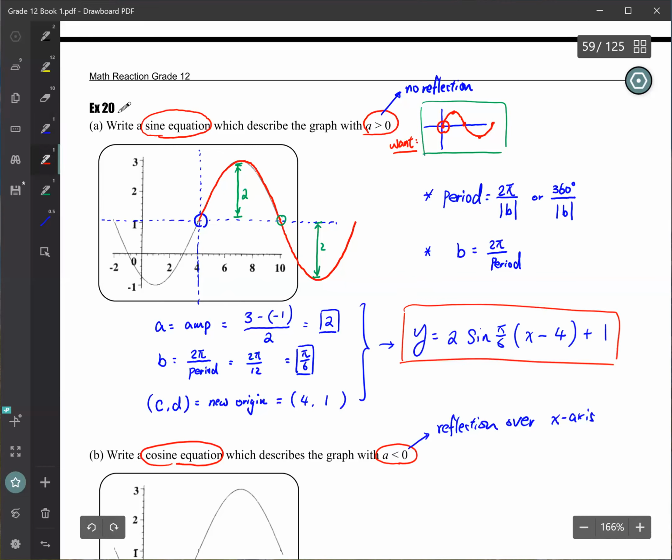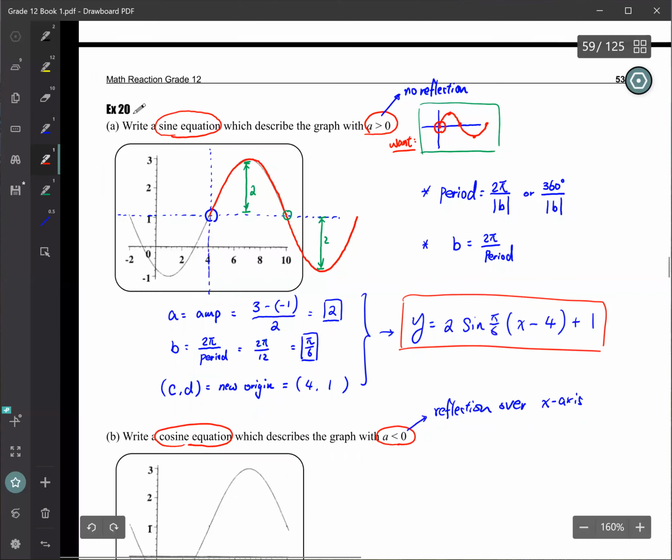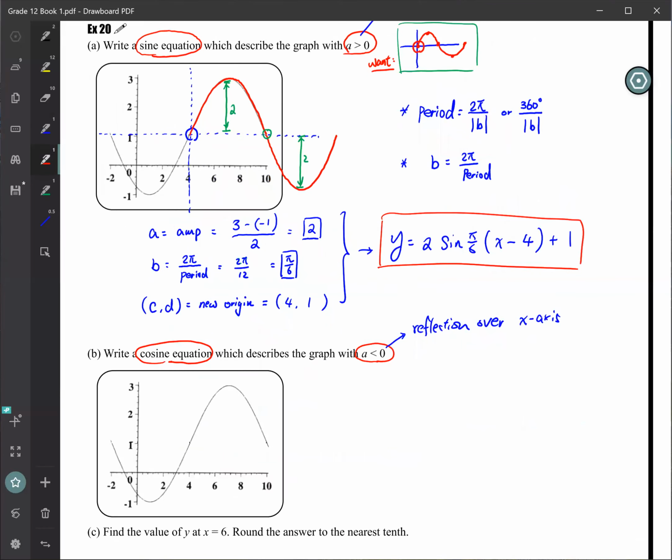Later we're going to try it. We're going to graph this out, and then we'll show the same exact picture. So with the same graph, I would like you to try question B. Start by drawing the thing in the green box, meaning you need to draw out what you want to find.